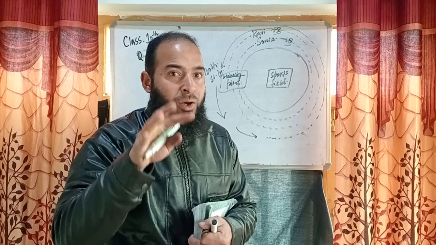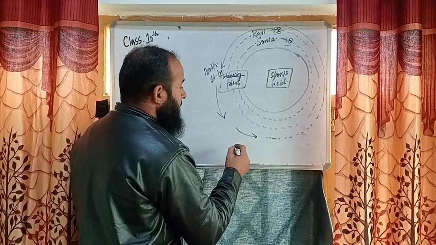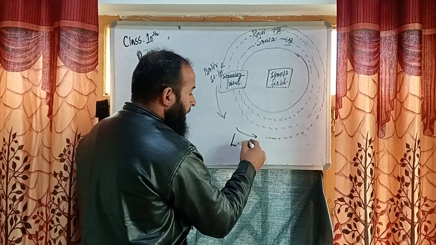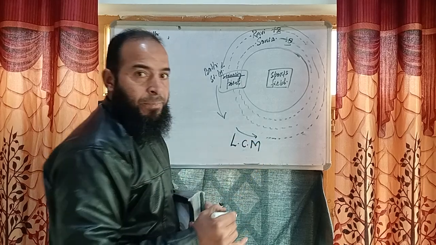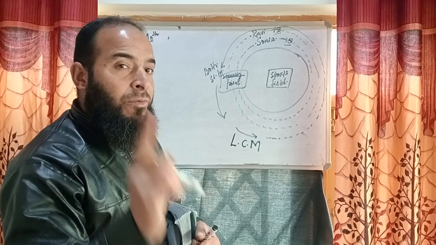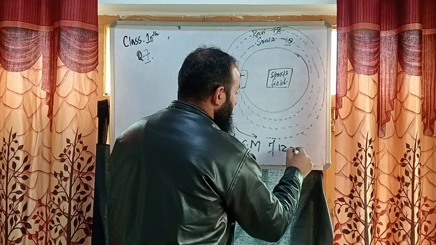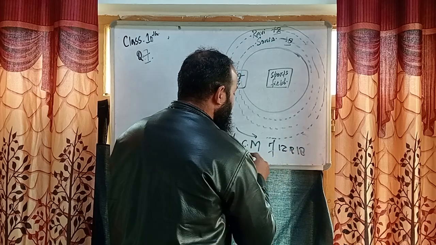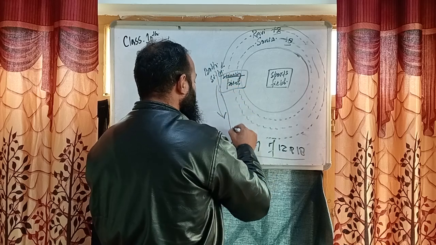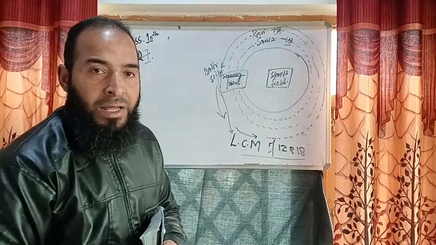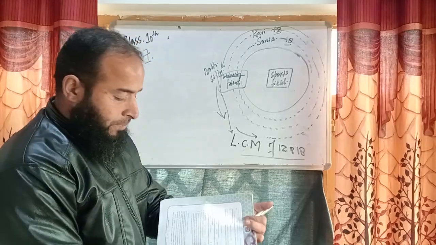What will that be? It will be the LCM, the lowest common multiple of 12 and 18.